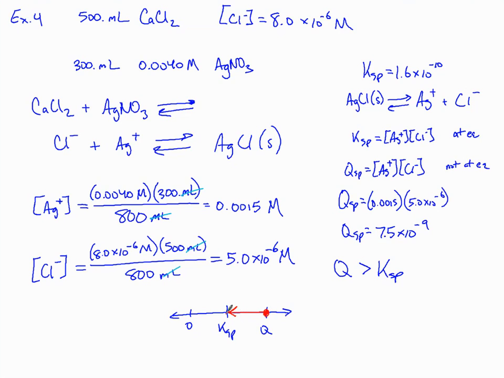And so this says that we are moving left. The reaction is going to shift left. And when this reaction shifts to the left, we are favoring the solid, which means a precipitate forms.